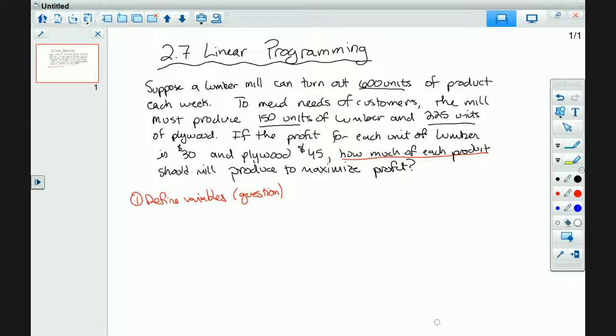Because you can define X as number of units of lumber and Y as number of units of plywood.